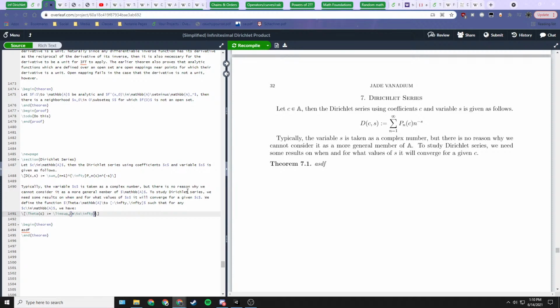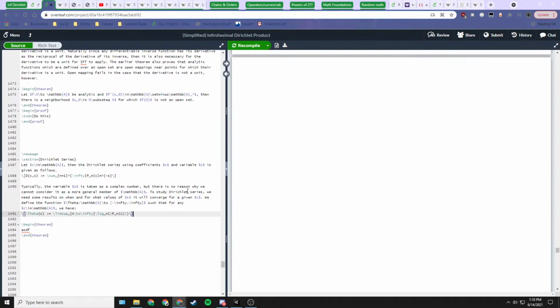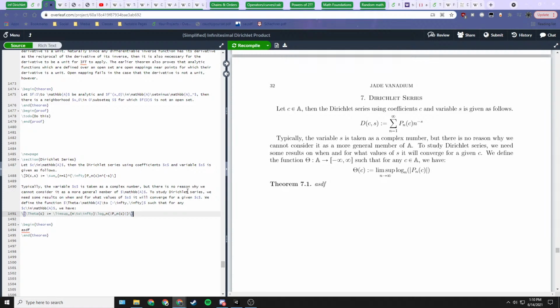Instead of doing the root test, we'll do something a little different: log base n of the absolute value of p sub n of C. So this is really similar to the root test.